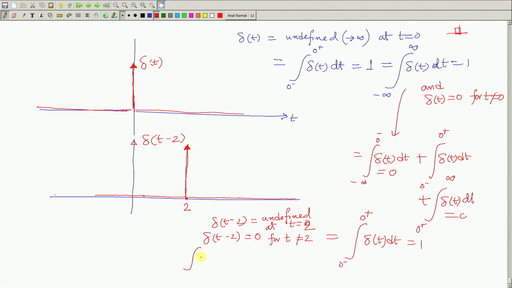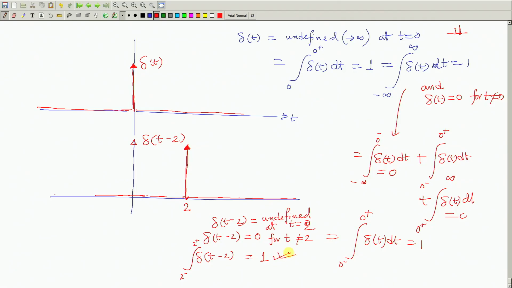And the integral of delta(t minus 2) from 2 minus to 2 plus will be a finite value, 1. That is what it means. The area under this impulse at t equal to 2 will be 1.